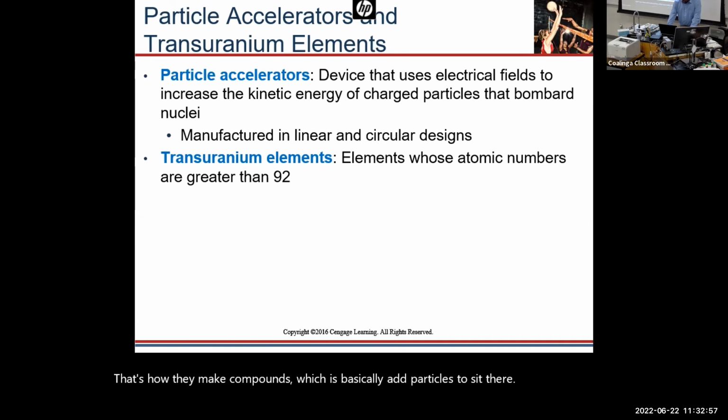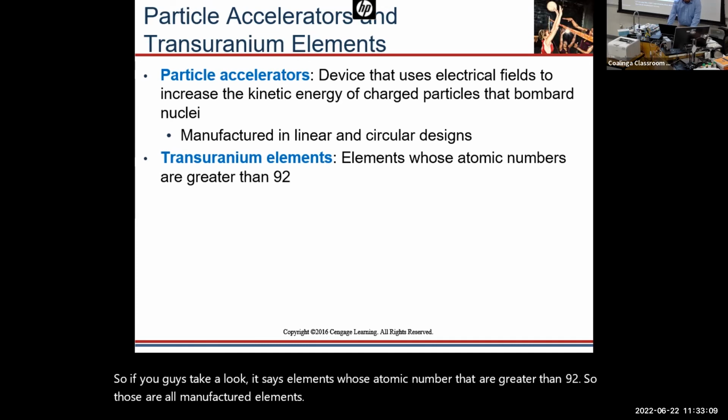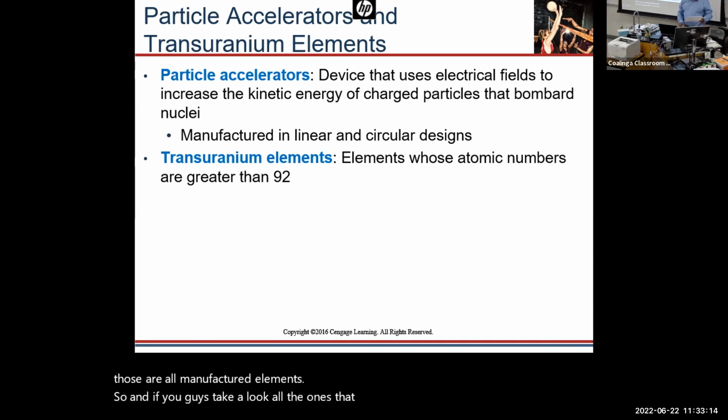So if you guys take a look, it says elements whose atomic numbers are greater than 92. Those are all manufactured elements. All the ones above 92, you notice they're all in parentheses, right?